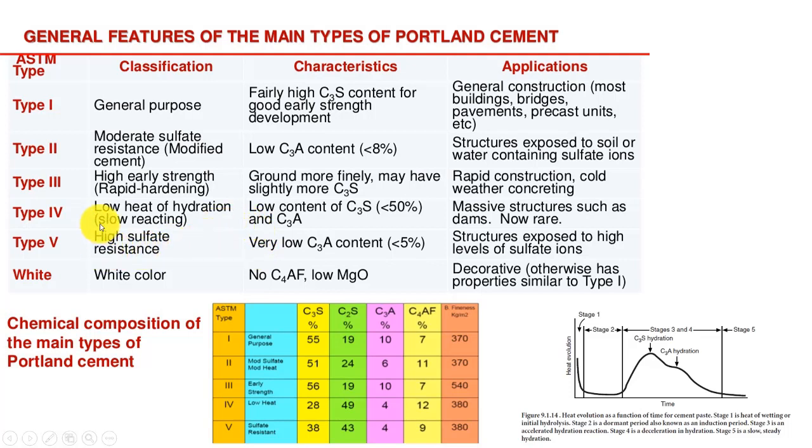So the application of these cements involves low-heat cement. These are used in mass concrete structures. Mass concrete structures are those structures which have a dimension, either dimension, more than 1 meter. Then type 3 cement is rapid hardening cement.